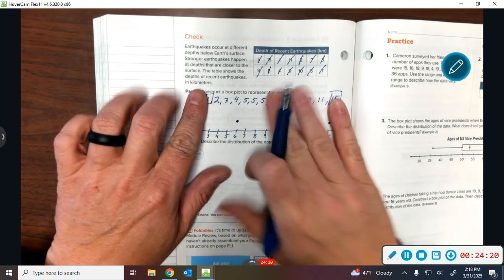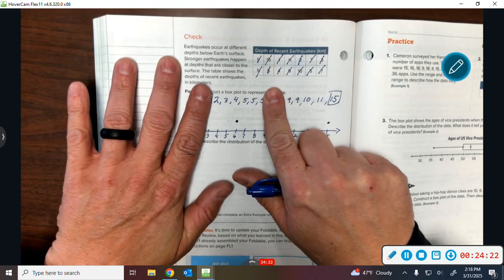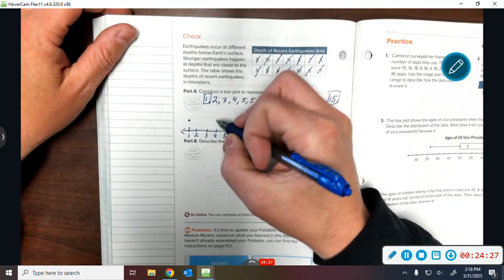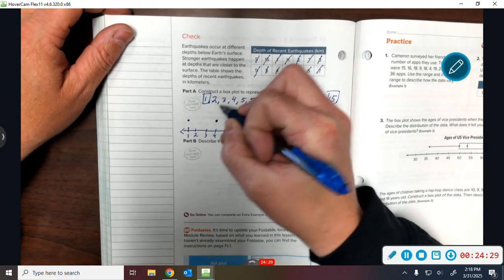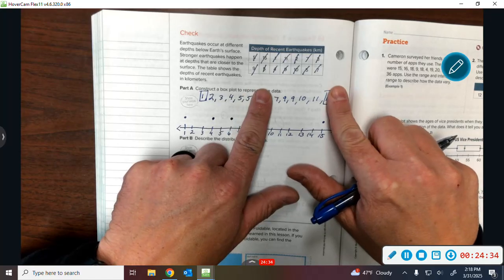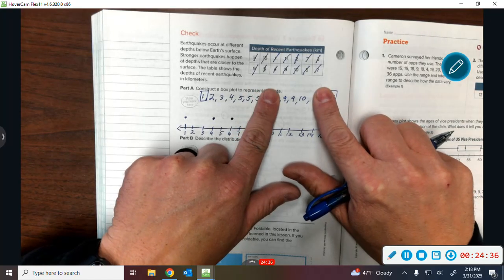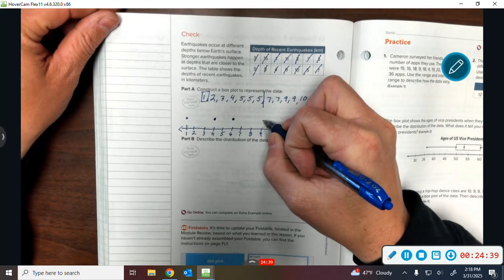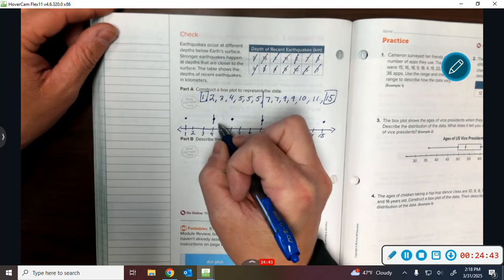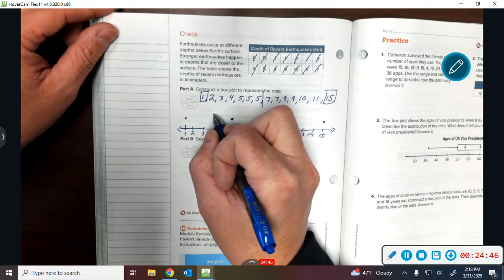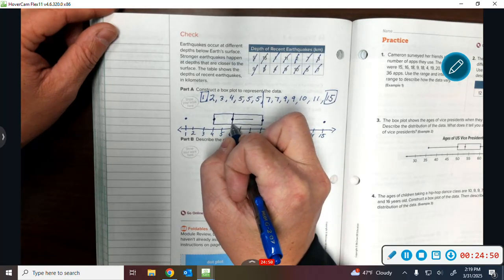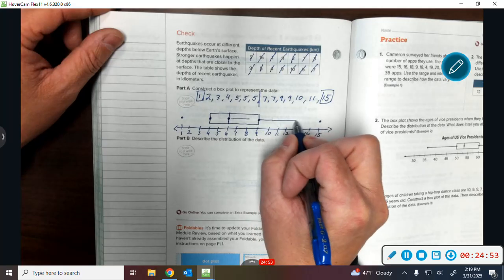Now we find the middle of the lower half. It looks like it's going to be 4. And then the middle of the upper half is 9. So we put our box around the middle of the upper and lower halves. Oop, we don't need that line there. We need a line this way. Sorry. And then our whiskers.